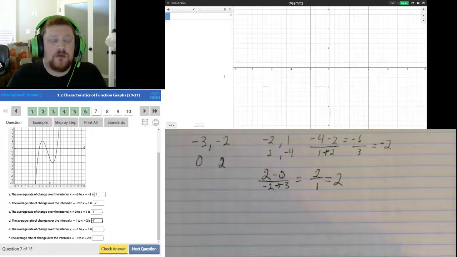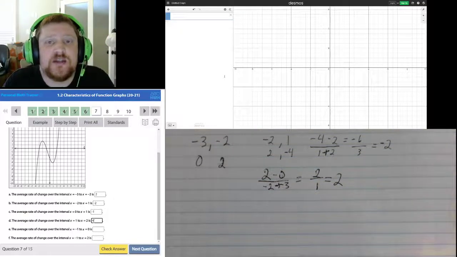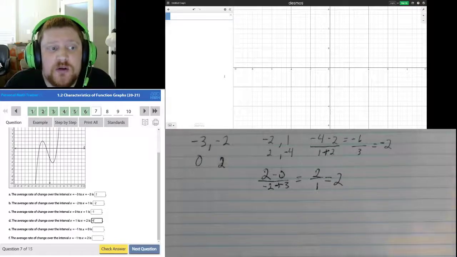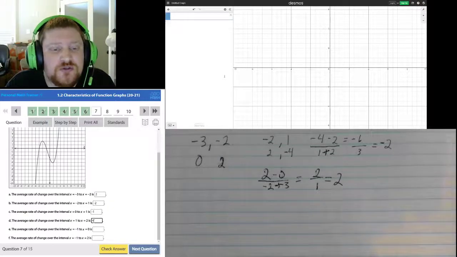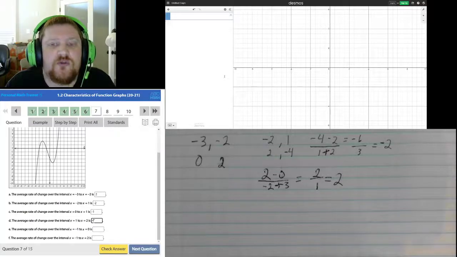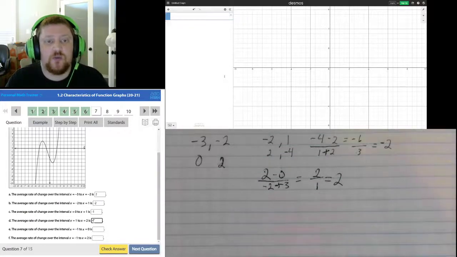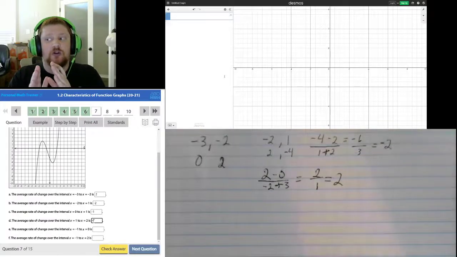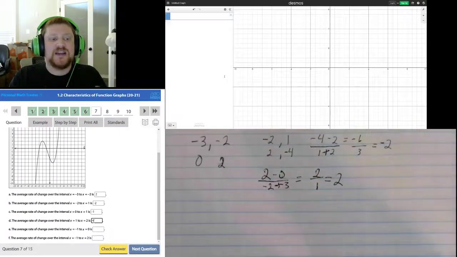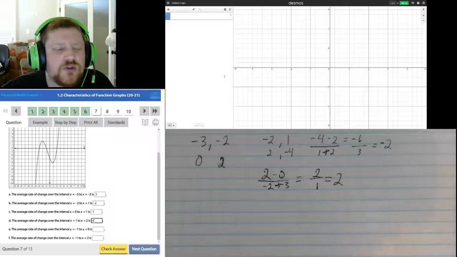Now you might remember from Algebra 1, you did this with straight lines. You called it slope. Rate of change is slope for linear equations. When it's any other type of equation, we usually call it rate of change instead.